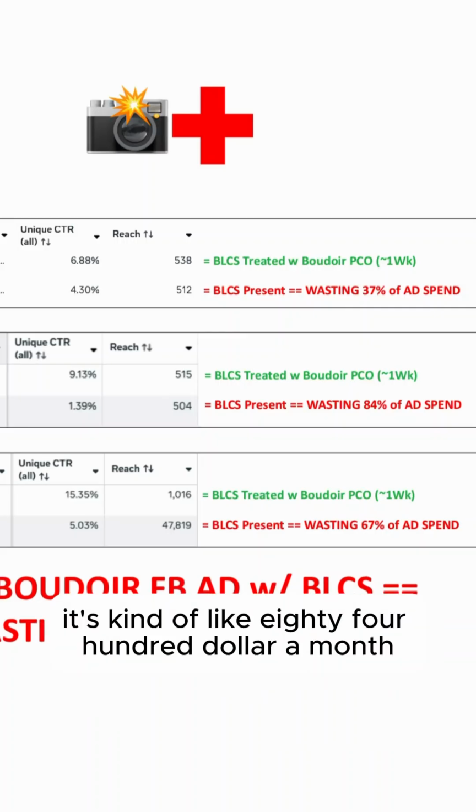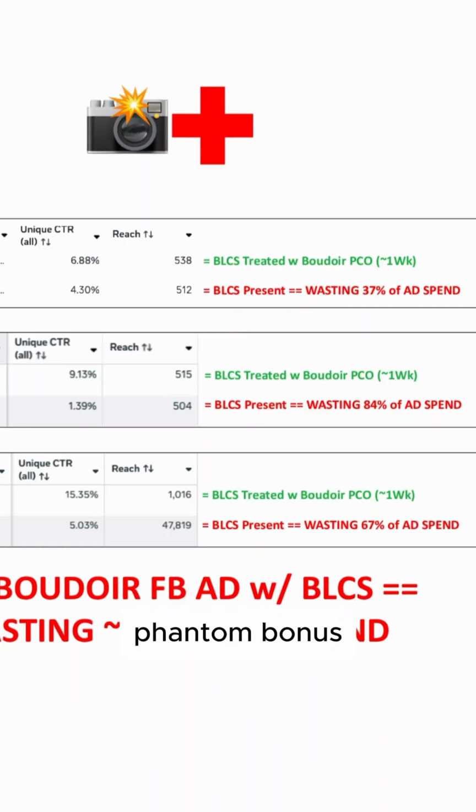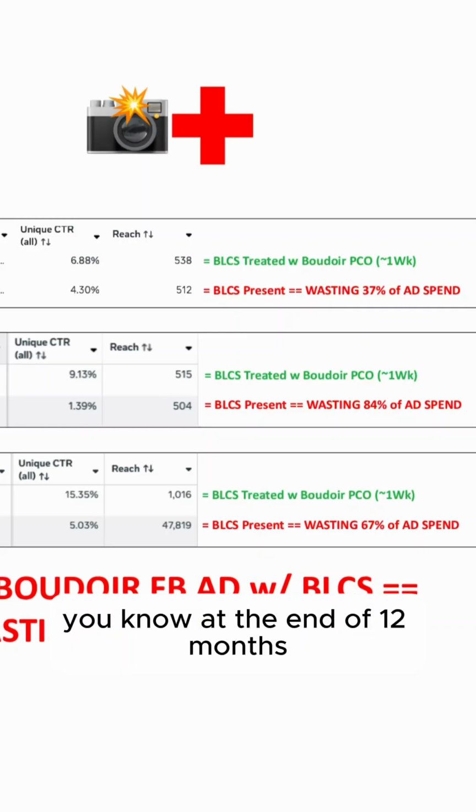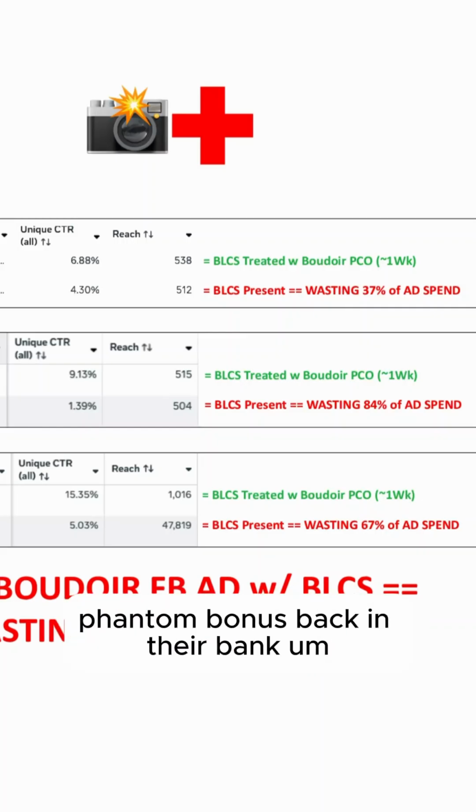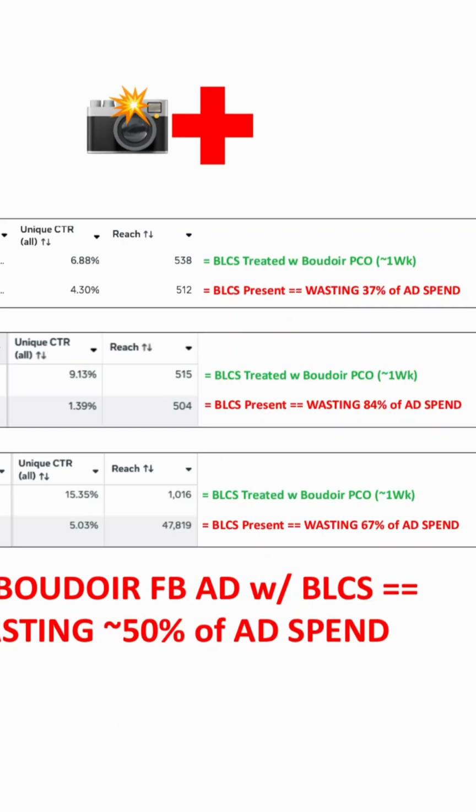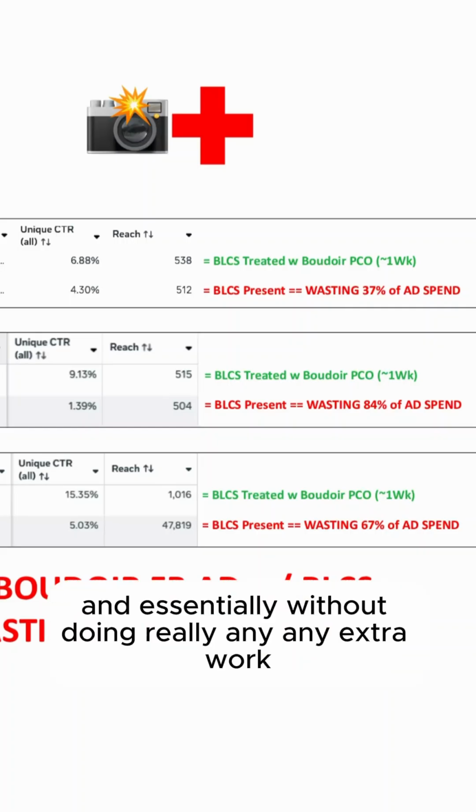So it's kind of like an $8,400 a month phantom bonus that they're acquiring. And as a result, at the end of 12 months, that's something like a 100K phantom bonus back in their bank, essentially without doing really any extra work.